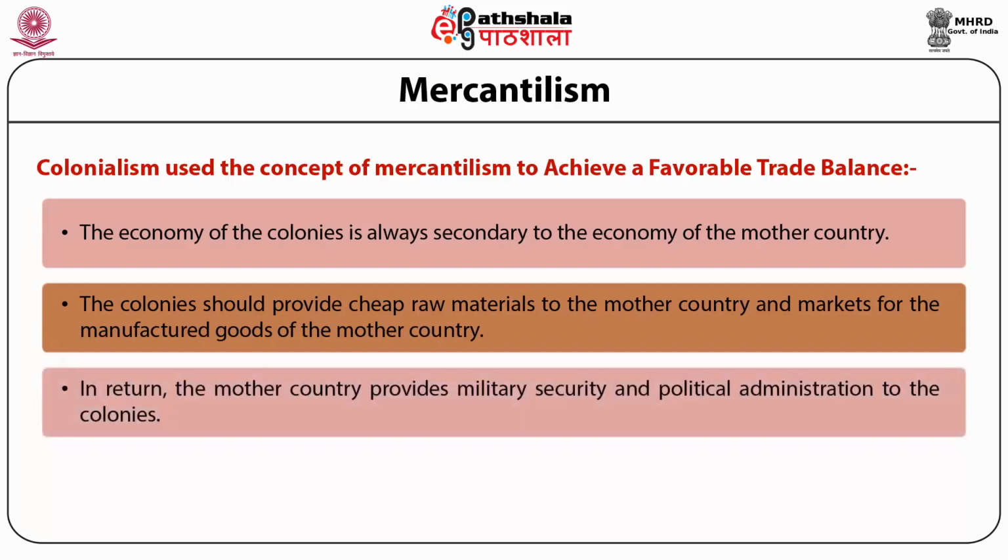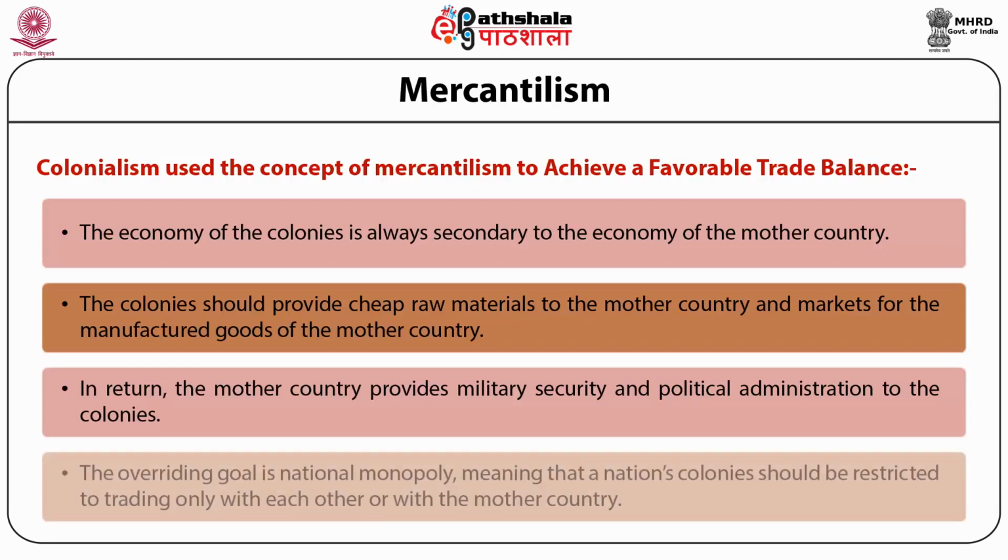Third, in return, the mother country provides military security and political administration to the colonies. And fourth, the overriding goal is national monopoly, meaning that the nation's colonies should be restricted to trading only with each other or within the mother country.